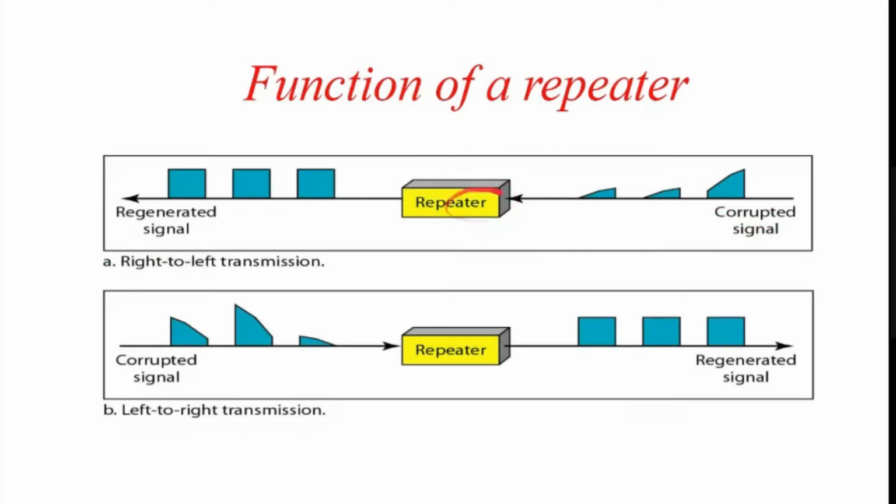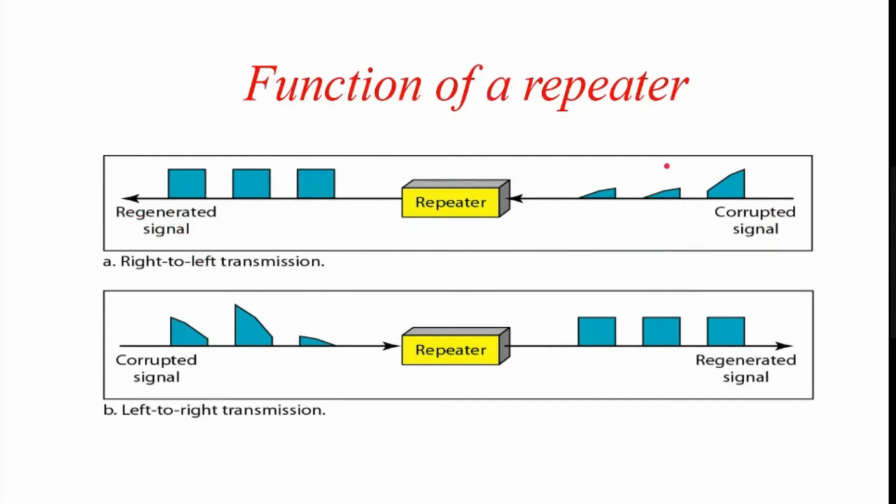When it reaches the repeater, it automatically regenerates the missed parts or missed patterns. The corrupted signals enter the repeater and the signal is transmitted. So this is the function of the repeater.